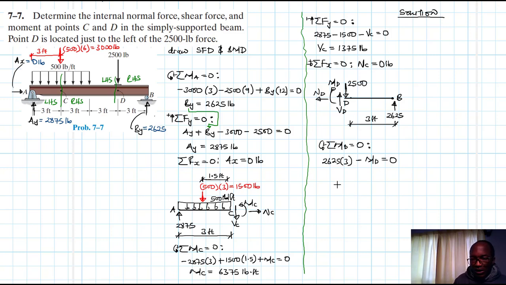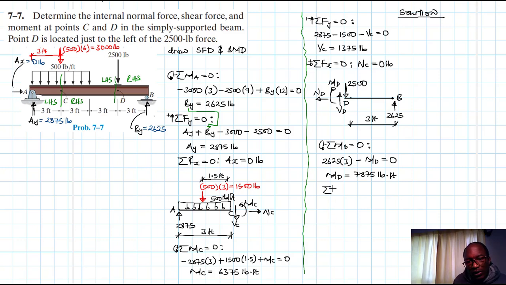Because of the section that we used. So finally making MD subject to our formula, MD is just going to be equal to 2625 times 3. This gives us 7875 pound feet.